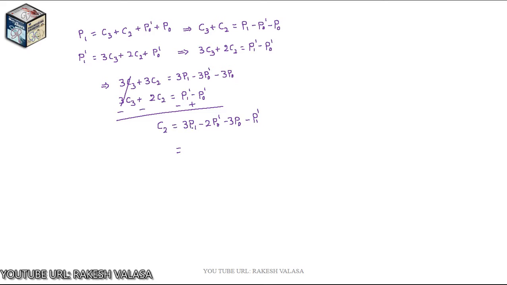Here 3 is common in the first two terms, so take 3 as common: 3 into P1 minus P0, minus 2P0 dash, minus P1 dash. This is the C2 value.